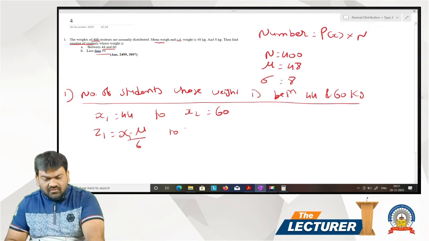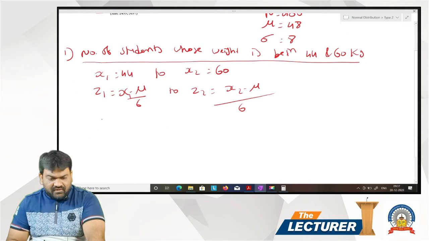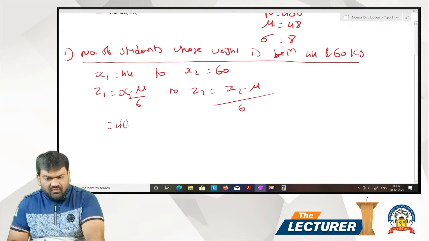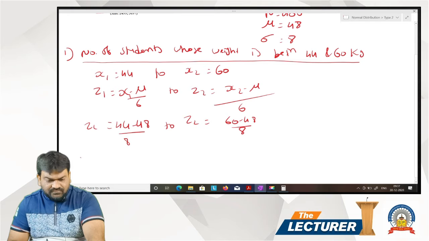Z1 is x1 44 minus mu 48 divided by 8, and z2 is 60 minus 48 divided by 8.